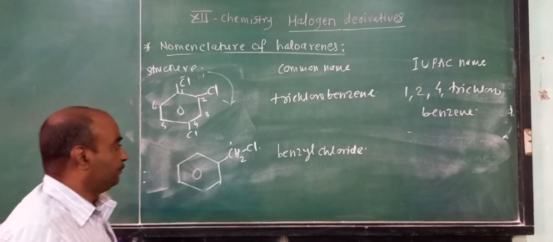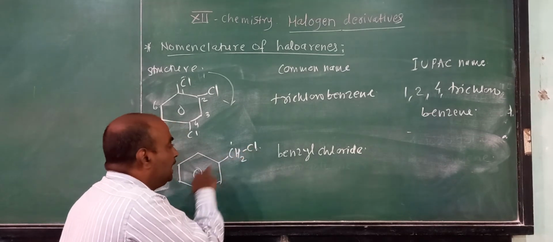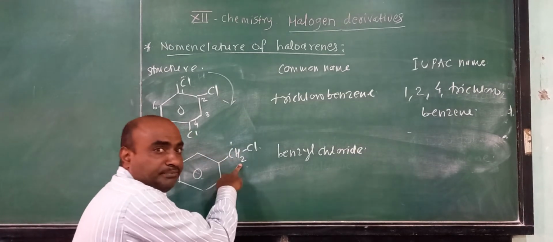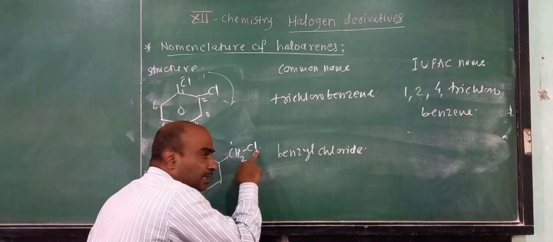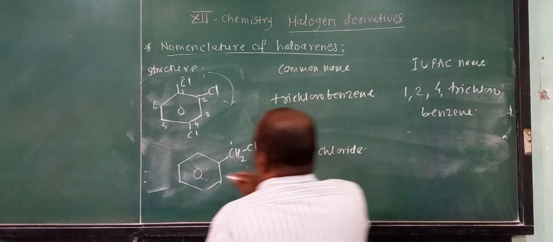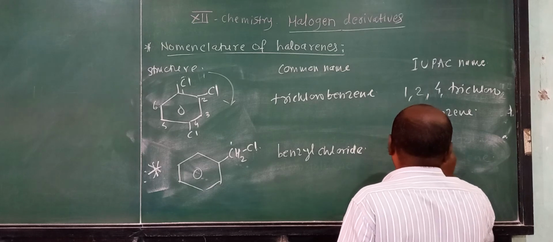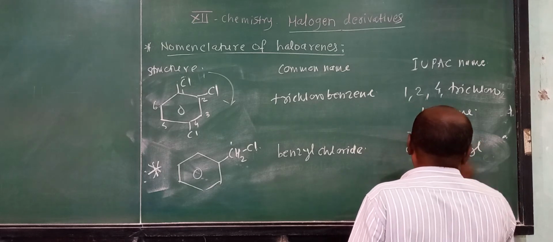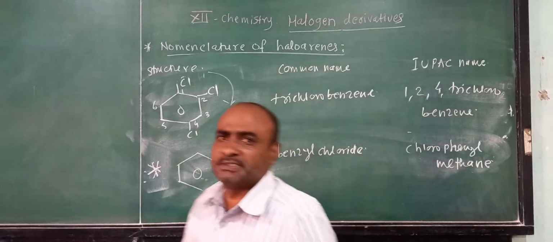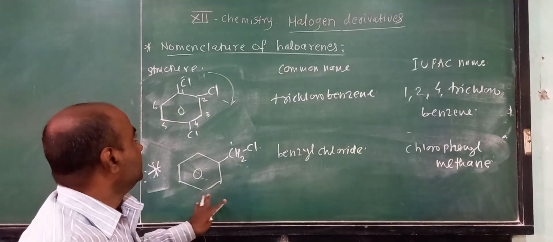So in the IUPAC name we write 1-chloro, or only chlorophenylmethane, because here 2 hydrogen atoms of the methane are substituted by 1 chlorine atom and 1 benzene ring, or say phenyl. So the IUPAC name of this compound, very important, is chlorophenylmethane.